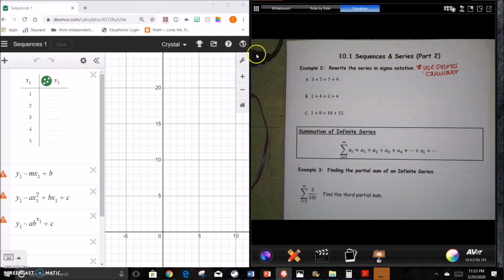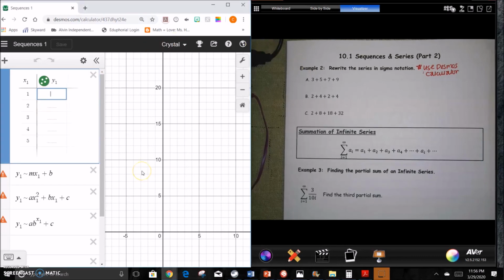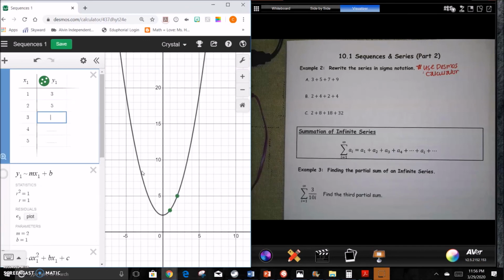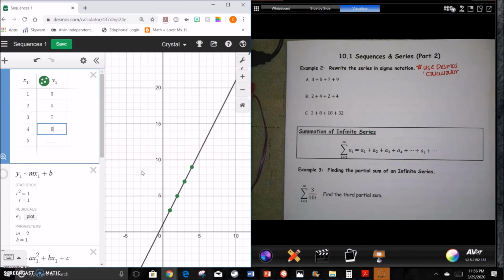Here it is. Okay, so the first series has 3 plus 5 plus 7 plus 9. And we are going to assume that 3 is our first term, 5 is our second term, 7 is our third term, 9 is our fourth term, because it didn't give us any other specific information. So we are going to plug in those numbers for our y value: 3, 5, 7, 9.